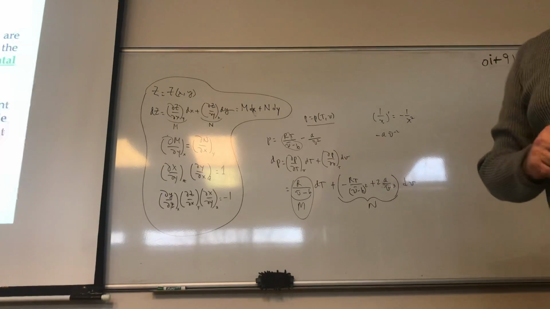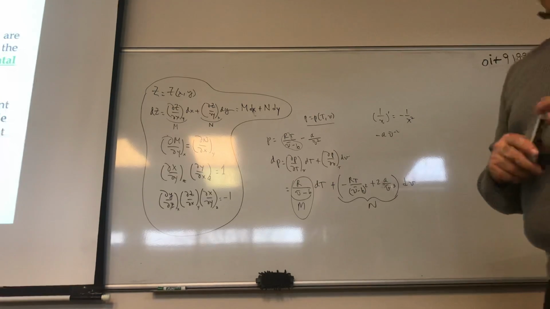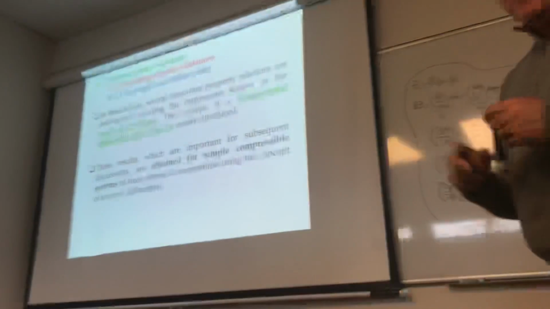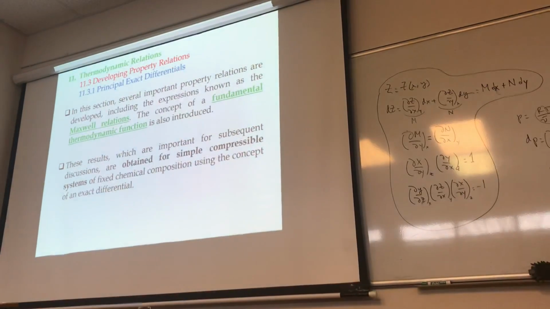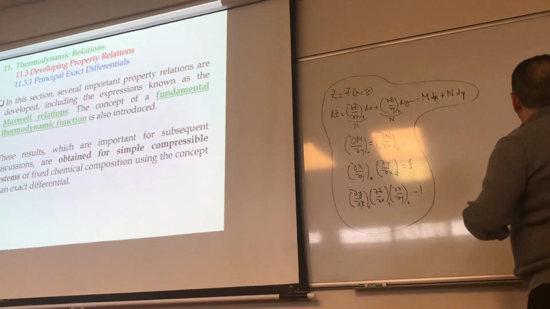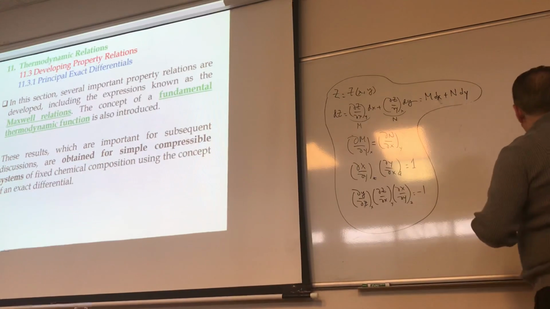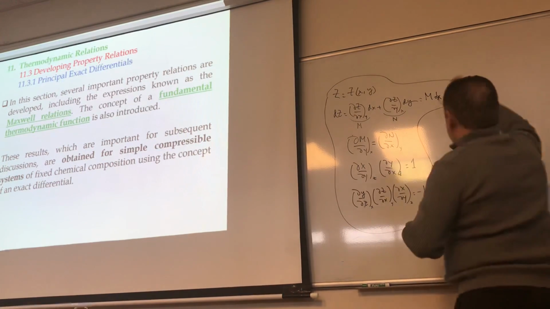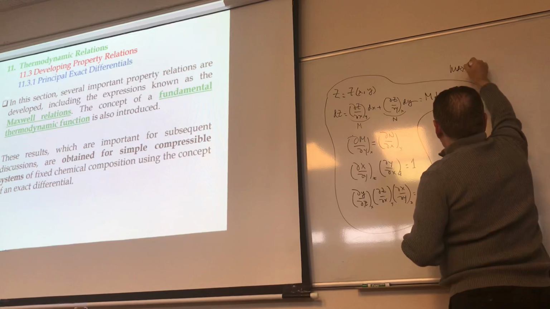All right, moving on now to section 3. We've got 2 more, including this one. Now that we have a functional form and we tried it on the Redlich-Kwong equation, right? Our goal, by the way, in this chapter is to get to something called Maxwell's equations.